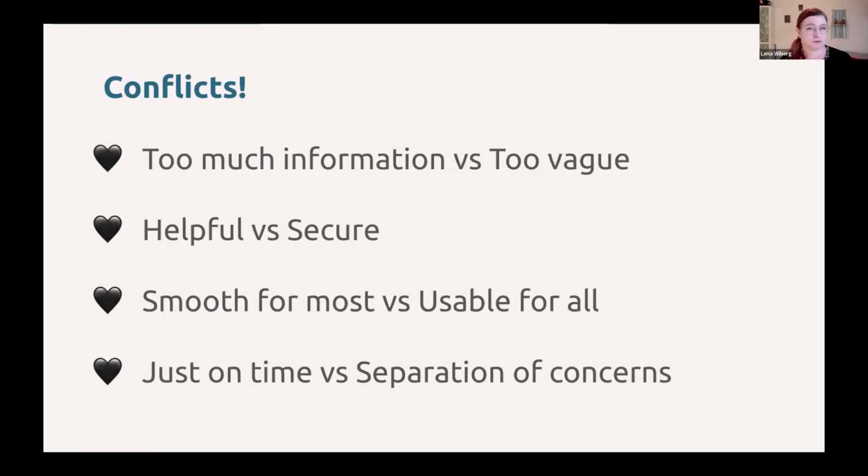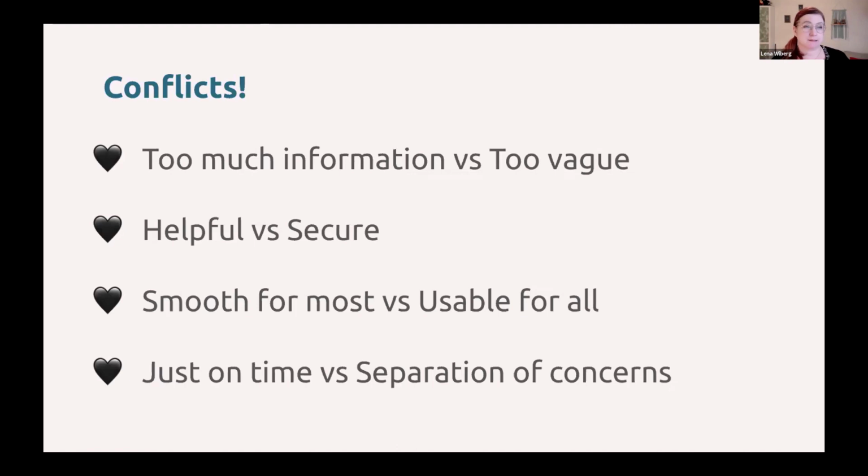But we also don't want the messages to be too vague, because then they will have absolutely no way of knowing what they did wrong and how to fix it. We also need to consider how helpful we are. How much do we help the user move through, say, checking out with little friction, helping them every step of the way, versus keeping the application secure, keeping our data secure.